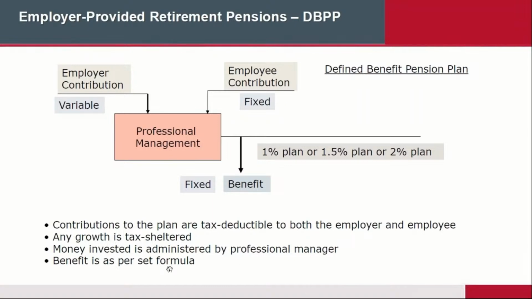There is a formula in the actual document that stipulates how the employee will get their money out at the other end at age 65. And so the end result is that the employee knows how much money they're going to get at the other end.